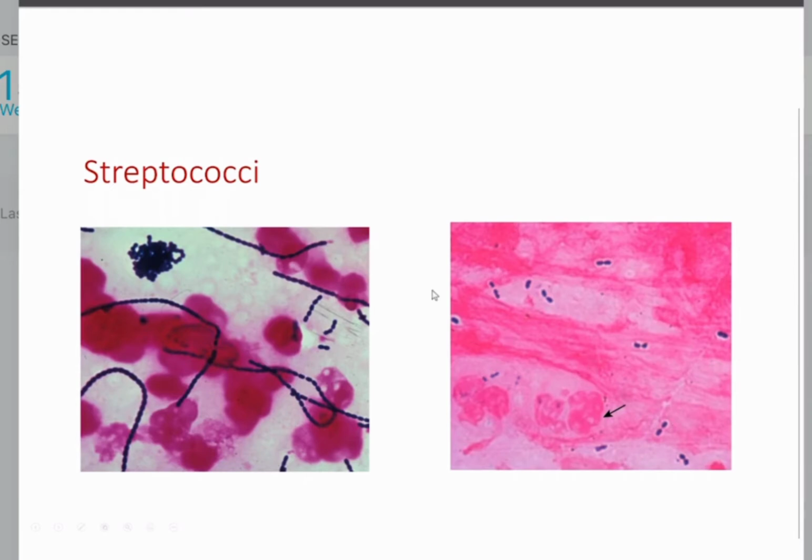Based on the gram stain, sometimes you can make a presumptive diagnosis whether it is a streptococcus which is seen in long chains or short chains, or the streptococcus which is seen in pairs. The right hand side picture is of the streptococcus pneumoniae. On the left hand side, you have the picture of the group A streptococcus.